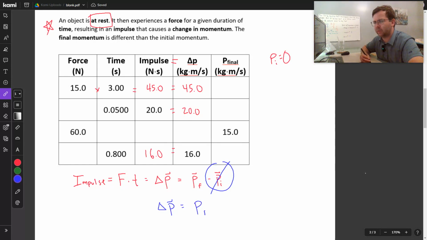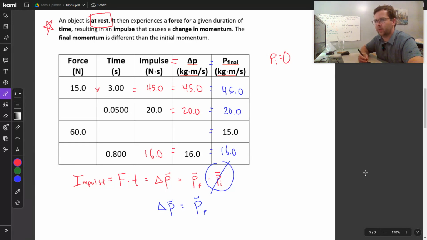And so the change in momentum will just equal the final momentum in these examples. That won't always be the case because the initial momentum isn't always 0, but for these, it makes it pretty simple. These are all just the same as the previous column because the object started at rest. And that's true here too.